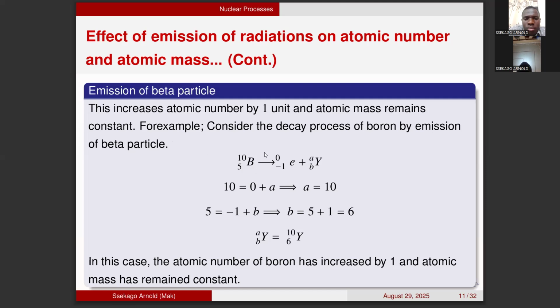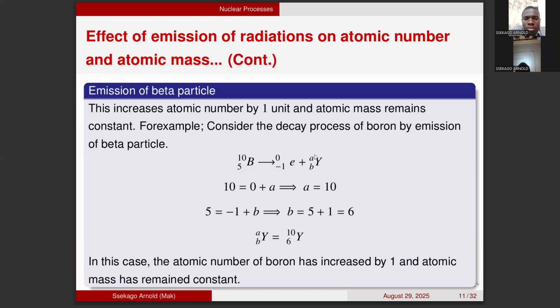So we have our boron breaking down to emit what we call the beta particle. If you recall from our previous table, the beta particle has this symbolic representation. So it is giving out this, plus a new atom which I don't know.